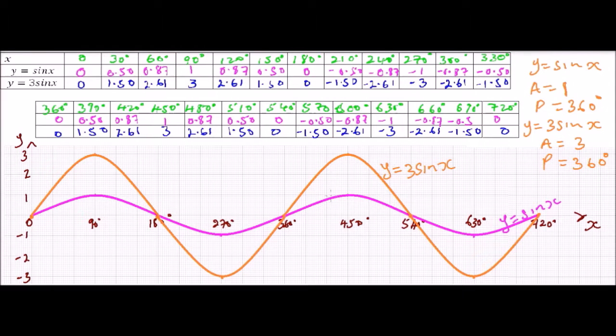So if you look at the graphs, there is a transformation such that to get this graph, y equals 3 sine x from y equals sine x, it's like you multiply the amplitude by 3. The period of the two waves is 360 or 2 pi.